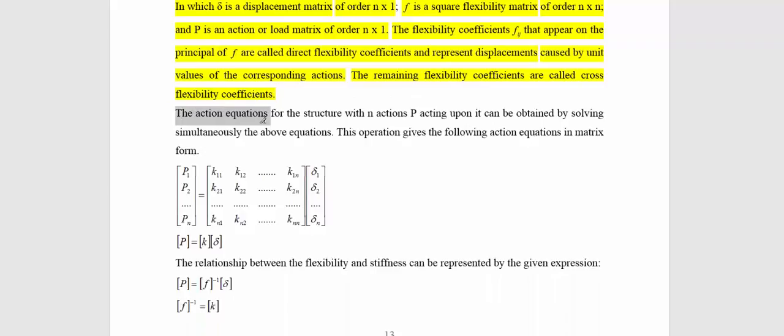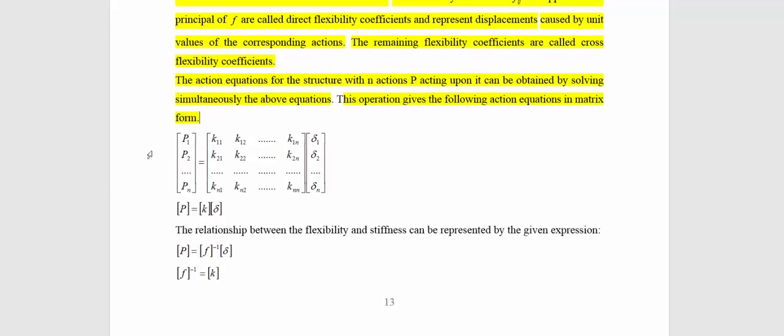The action equations for the structure with n actions P acting upon it can be obtained by solving the above equations simultaneously. This operation gives the following action equations in matrix form. This new relation is for the stiffness method that we will discuss in the next lecture.